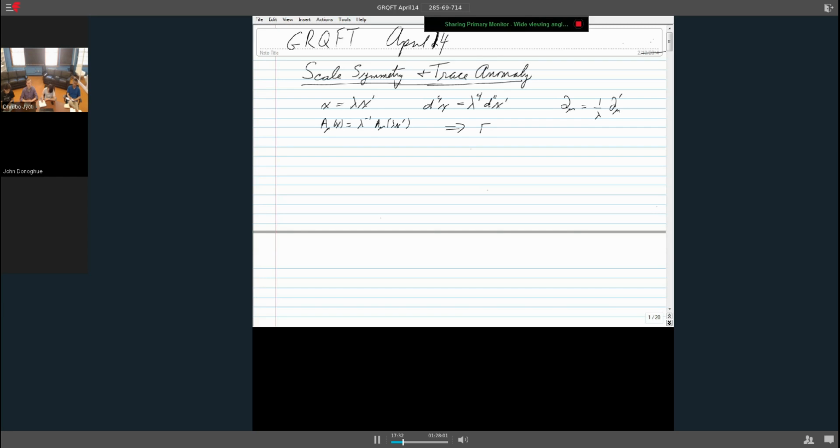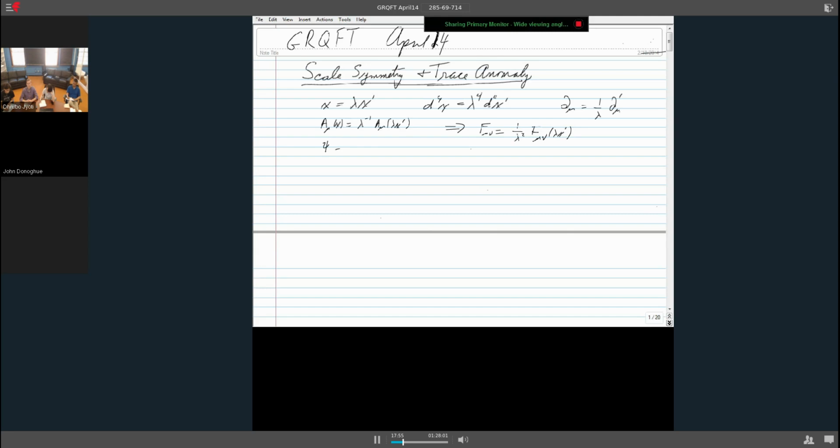Let's take fields A mu of x and call that lambda to the minus 1, A mu of lambda x prime. So I'm going to change field variables.